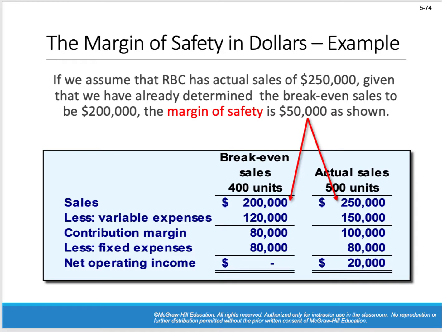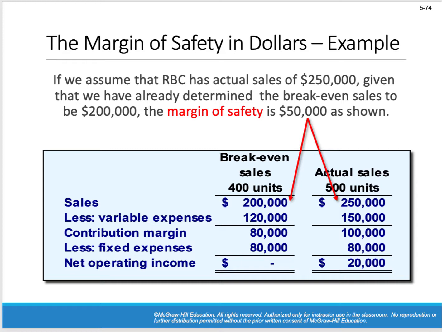So let's look at an example. Let's assume here for a moment that RBC has actual sales of $250,000. We already know the break-even point in sales. The break-even point is $200,000. So that means that the margin of safety is $50,000.